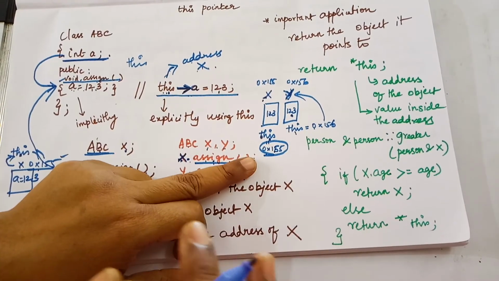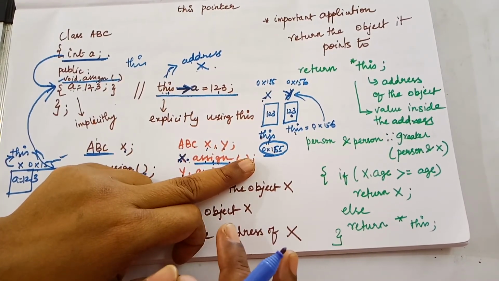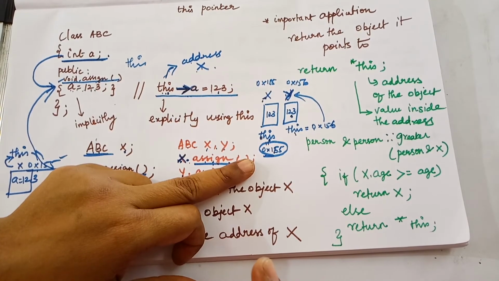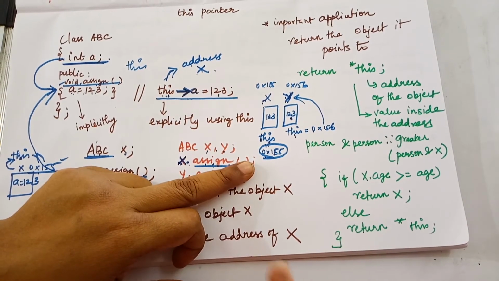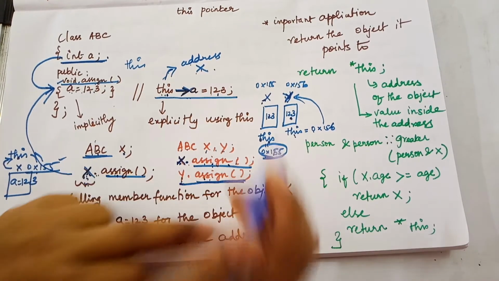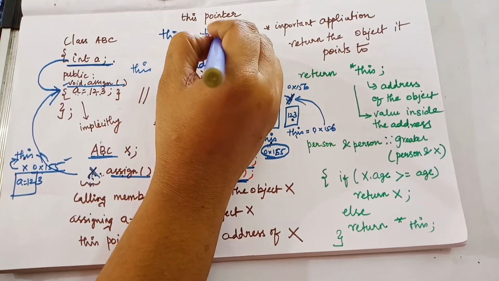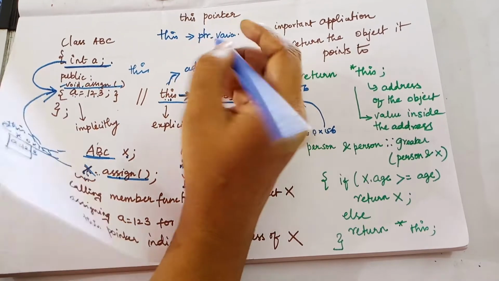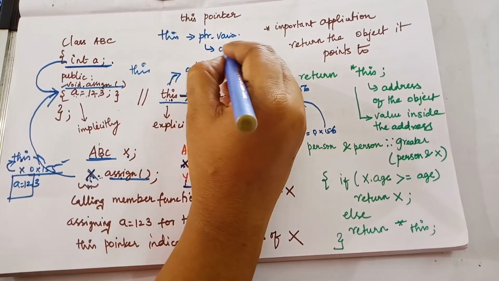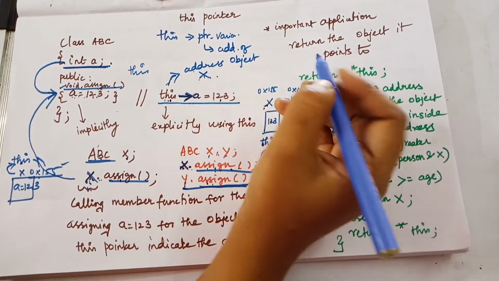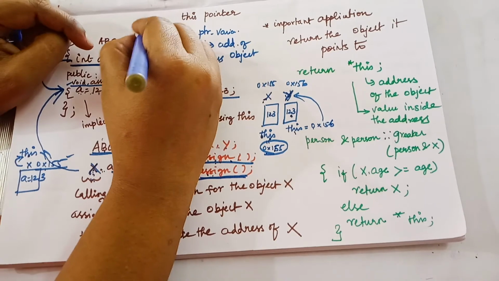So this pointer consists of the address of the object for which you are calling the member function. So this pointer is nothing but a pointer variable. It consists of the address of the object. Okay, this is the first point.